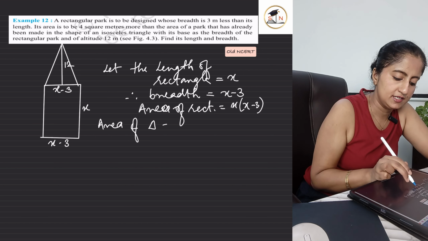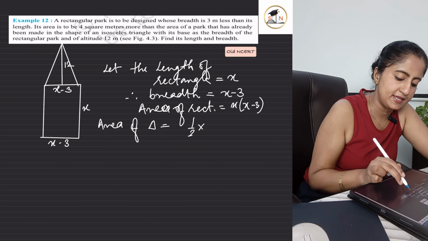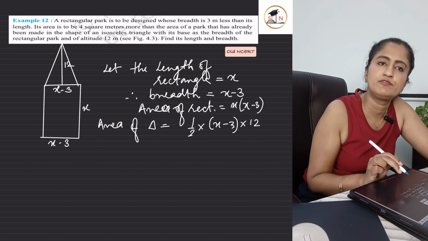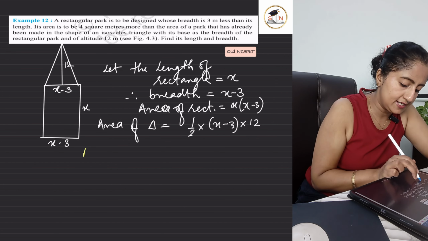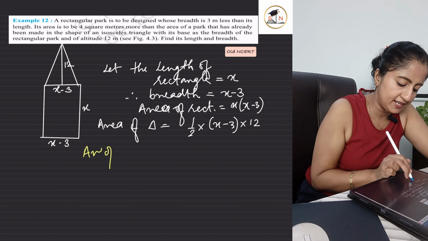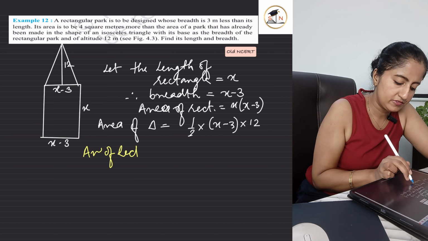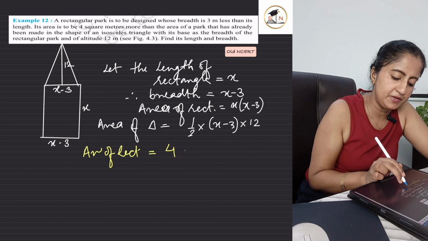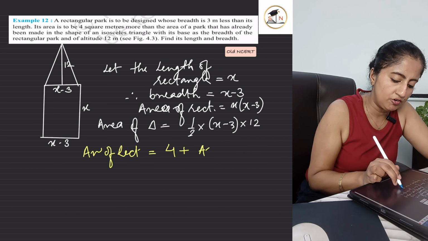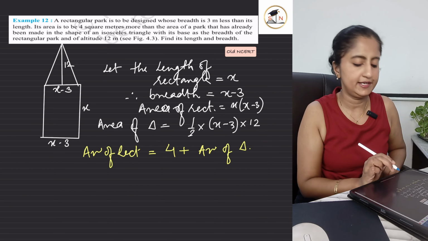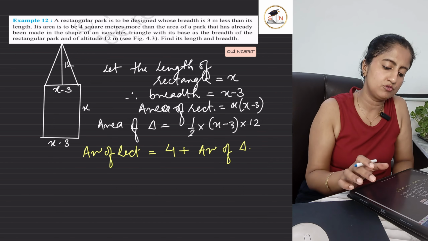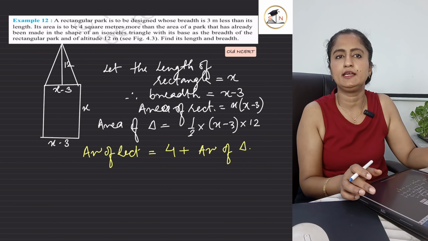Area of triangle is half times base, that is x minus 3, times height, which is 12, right? And then what is the relation they are telling us? They are telling the area of rectangle is 4 square meters more than the area of triangle, right? I have just laid down the relation between the areas.